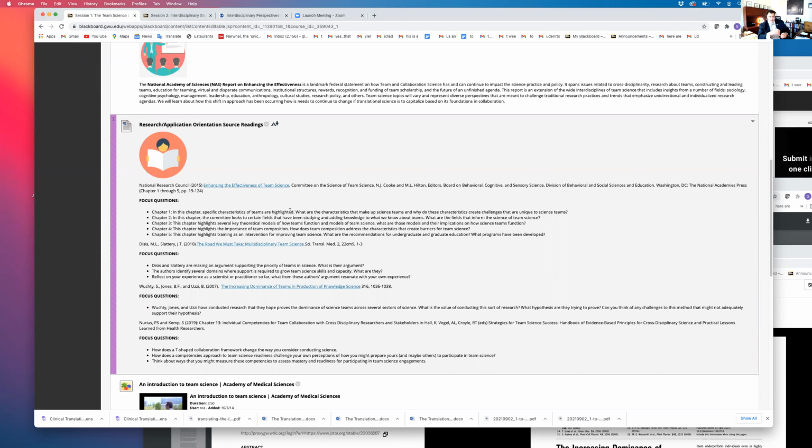And this isn't just to understand the nomenclature of the team science literature, but also to understand how these are real problems that are researchable in teams, and there is evidence emerging from the field that supports practices through the study of teams.